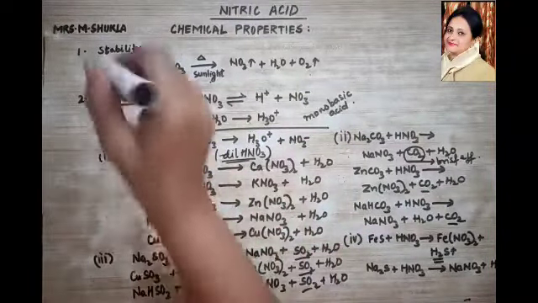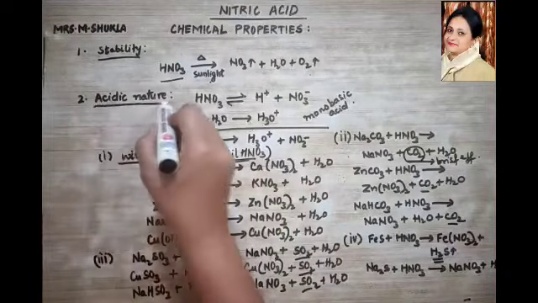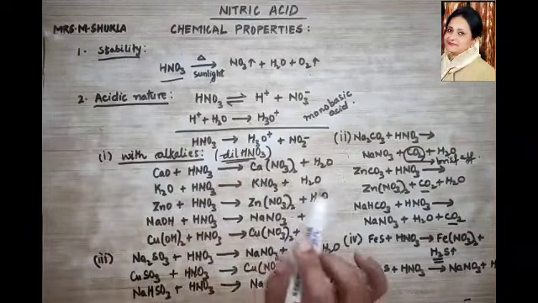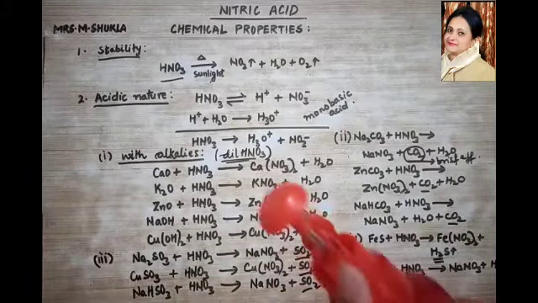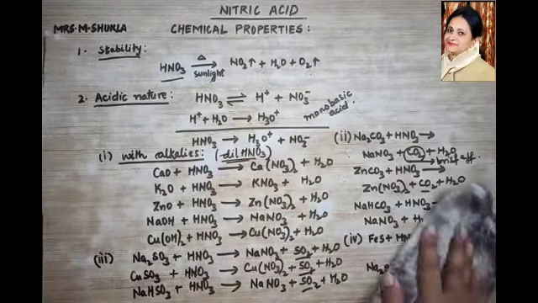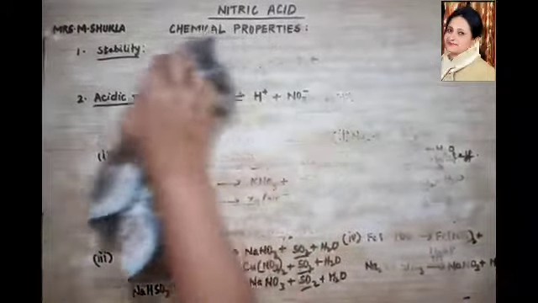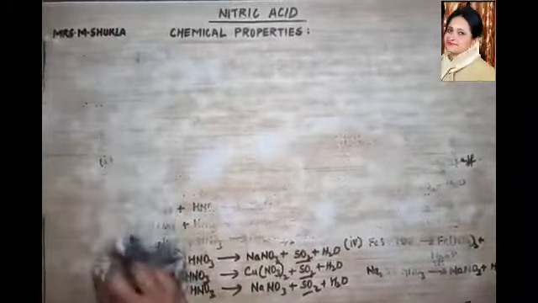So first thing we studied about its stability. The second point was about its acidic nature. The third point that we are going to study is about the oxidizing nature of nitric acid. Okay, I hope till here everything is very clear to you.